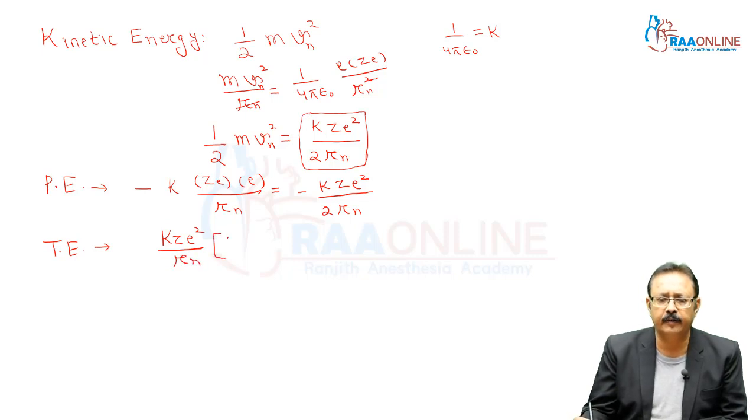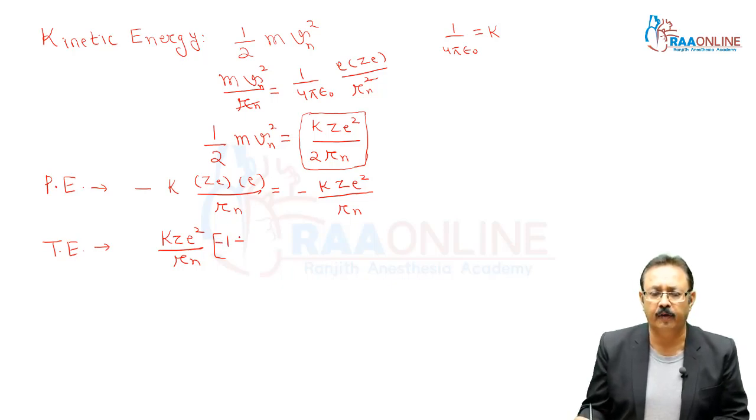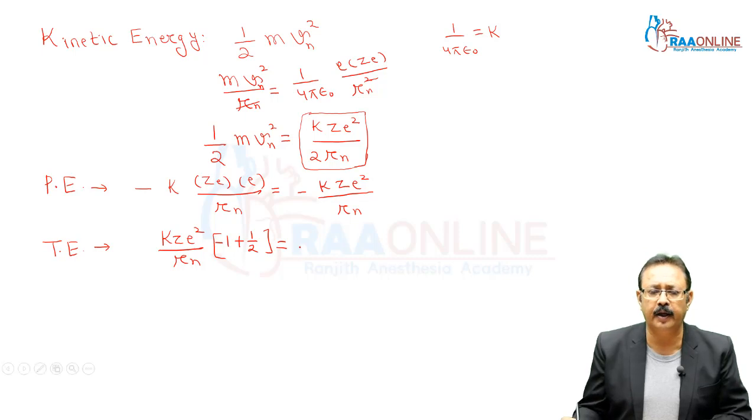You will get 1 minus, from this it is not 2, it is minus 1, and from that we will get plus 1 by 2. So what are we getting? Total energy is negative kze square by 2 Rn.